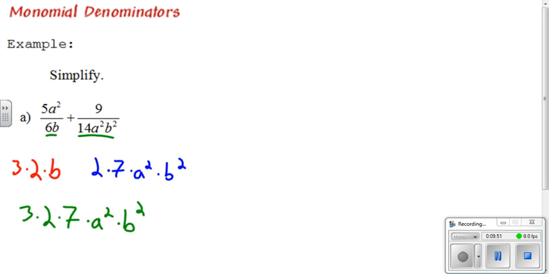So if we were to solve that out, 3 times 2 times 7 actually comes out to 42a squared b squared. And that's what we're looking for as our common denominator.